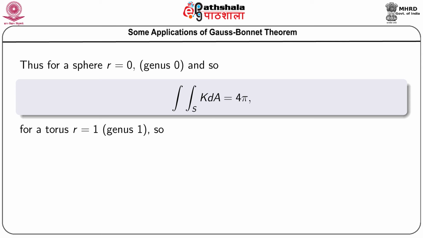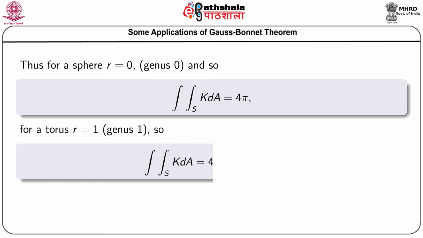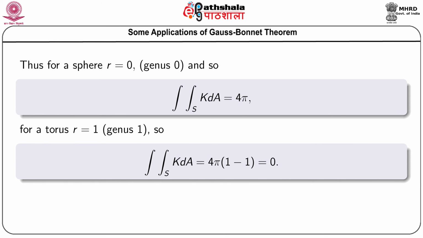In that case, the integral curvature is 4 pi times 1 minus, in the place of R we put 1, so it is 0.